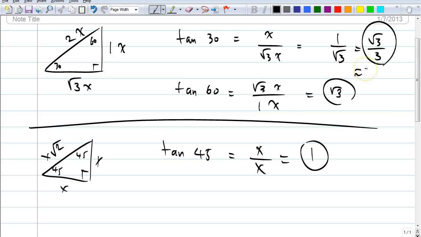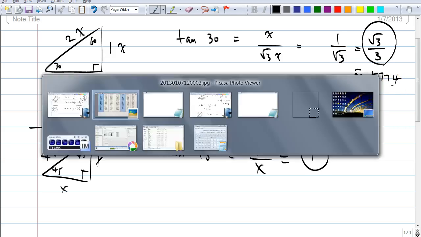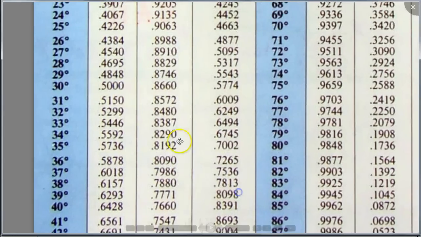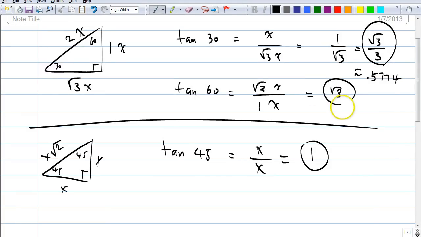Okay, so let's round to the nearest 10,000ths place. So it's 0.5774 to the nearest 10,000ths place. Would you not agree? Let's see if that's what they have. Tangent of 30 degrees. There you go. 0.5774. Pretty cool, right?